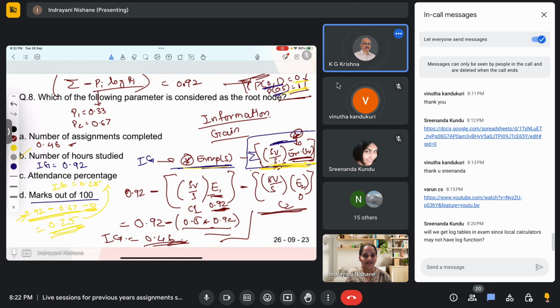Thank you for informing all of us. Log to the base 10. Please remember these pointers, very nice pointers shared here, thank you Krishnaji.